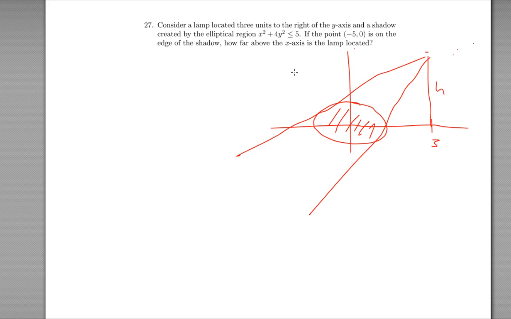Okay, this is crossing. It says that if the point -5, 0 is on the edge of the shadow, so here is the shadow. This point is on the edge of the shadow, so this point here is -5, 0.